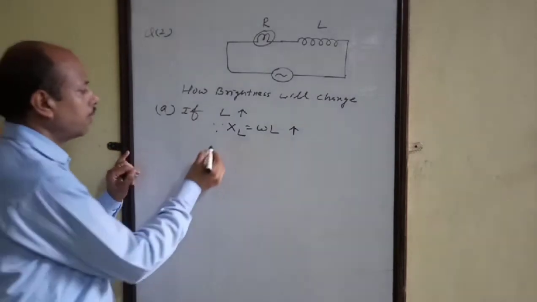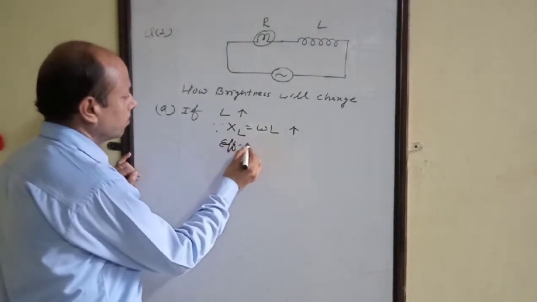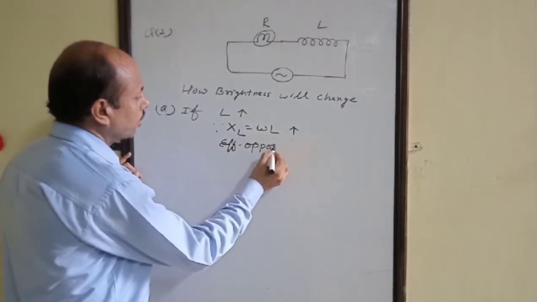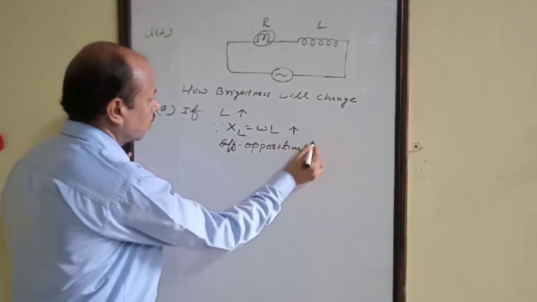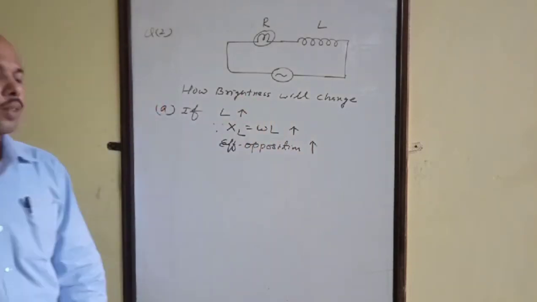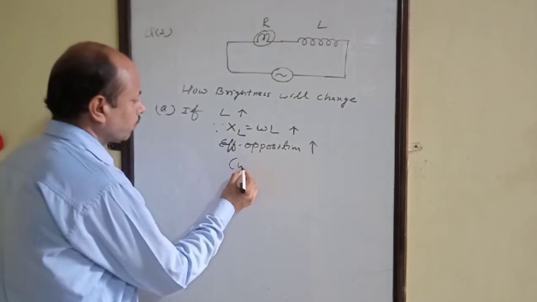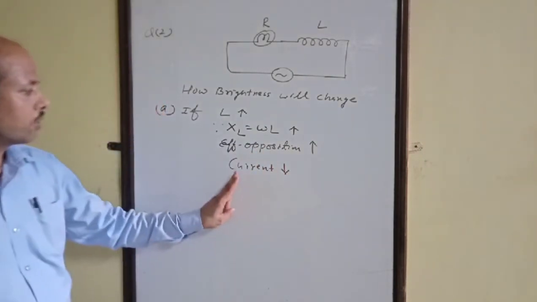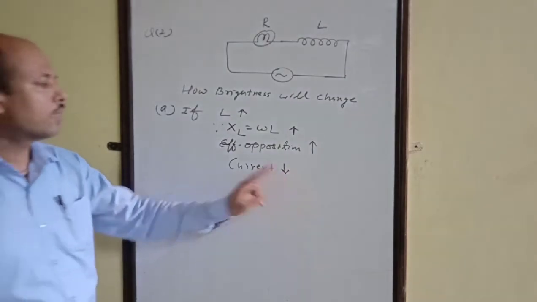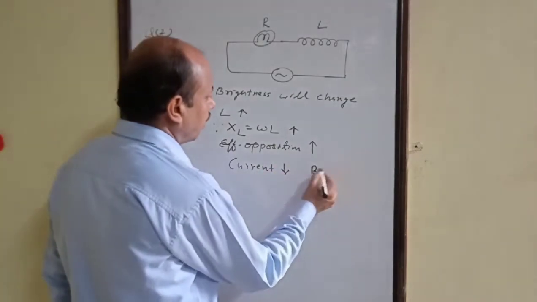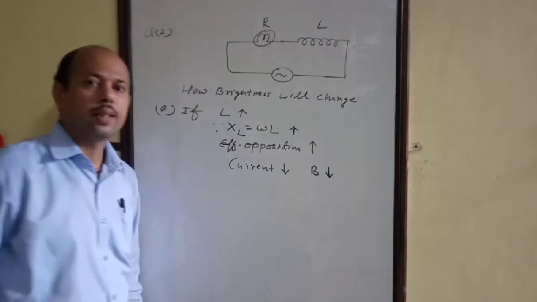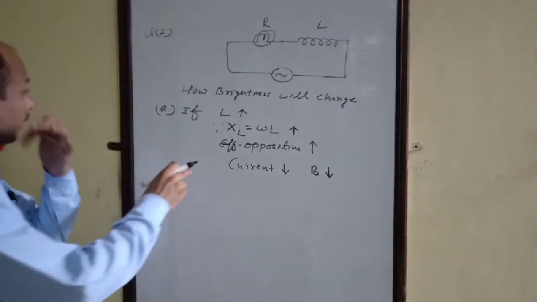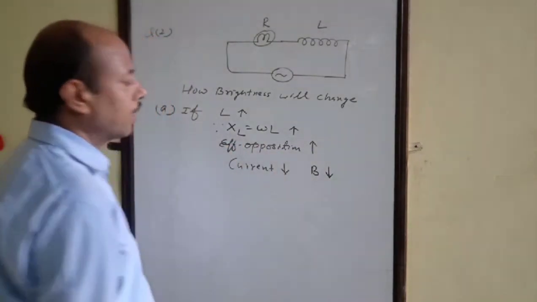XL increasing means the effective opposition of the circuit will also increase, and consequently the current will decrease, and finally we can say the brightness will also decrease. So in this case, the brightness of the bulb will decrease.